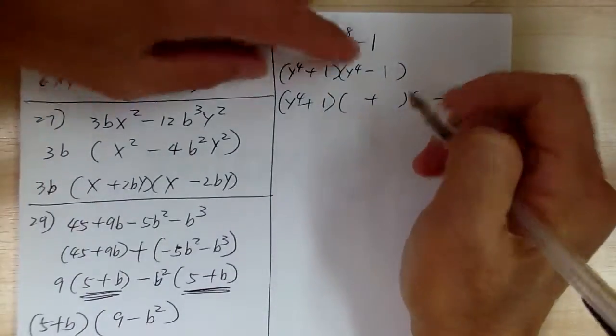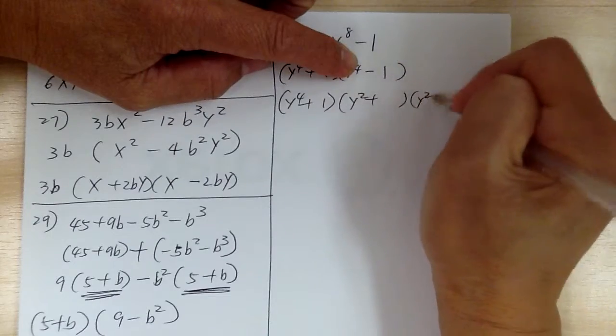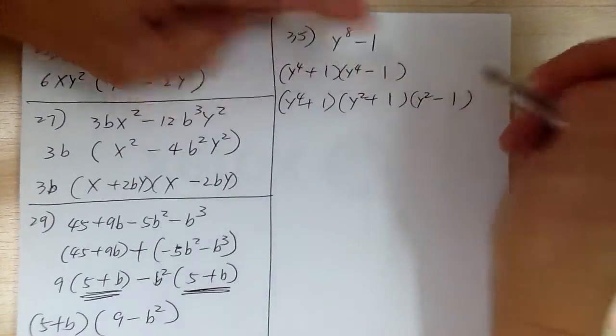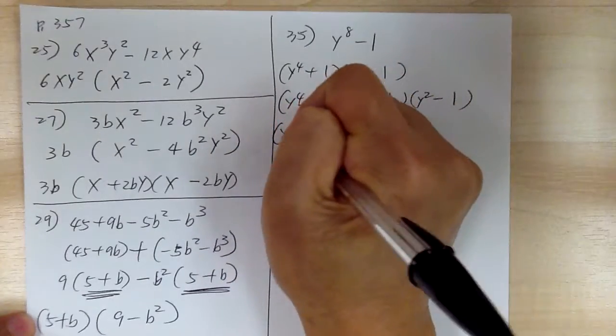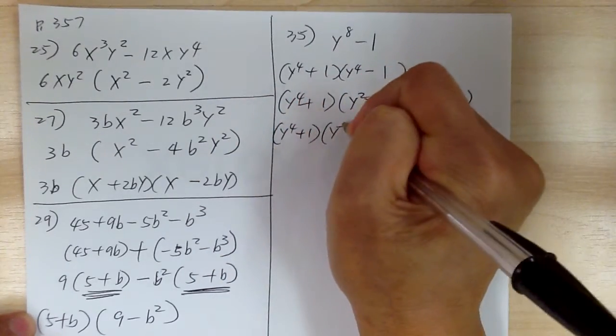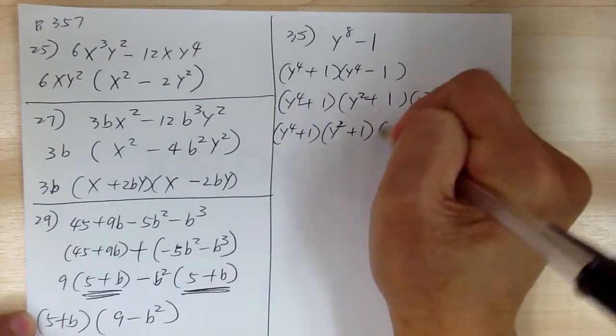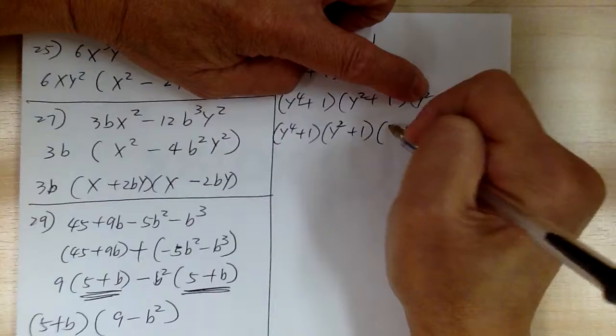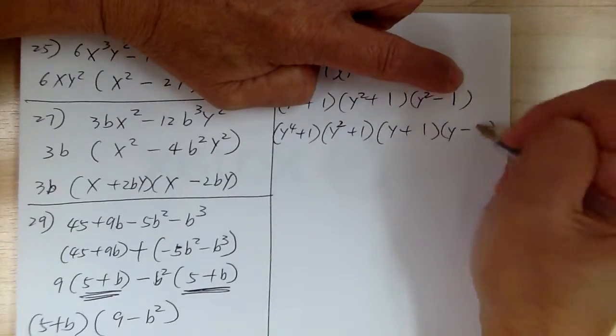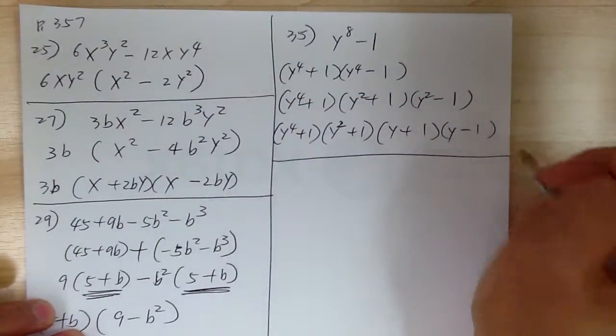So to get y to the 4, I need to get y squared, y squared. To get 1, I need to get 1 times 1. Now this is the difference of square again, so I have to do it one more time. So to get y squared, I need to get y and y. To get 1, I need to get 1 and 1. And so that's it. Okay?